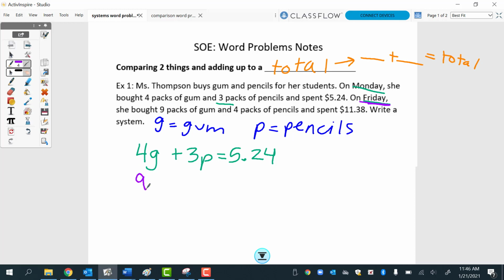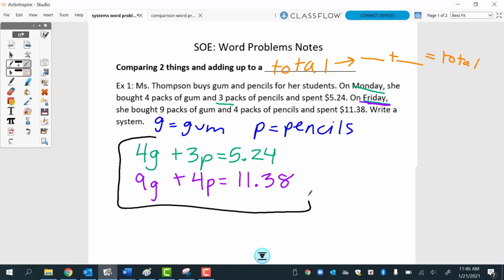So 9G plus 4P, and how much did I spend? $11.38. So this is my system. For right now, what we need to practice is just writing the equations. That's my 2 equations, so I'm done. That one was pretty easy.